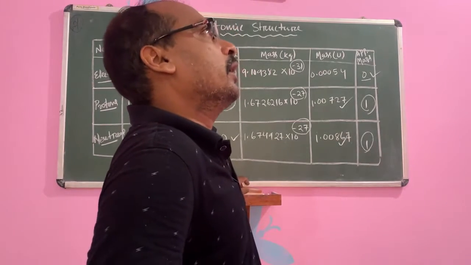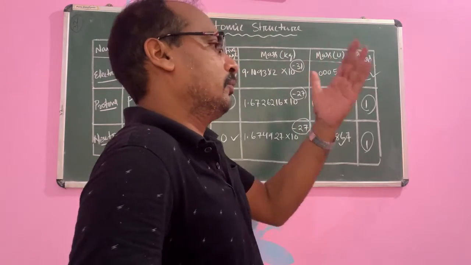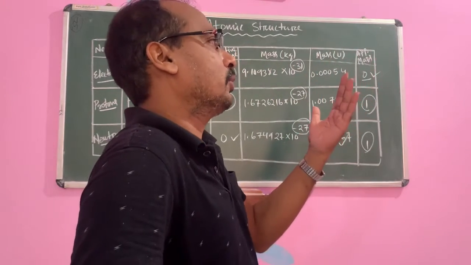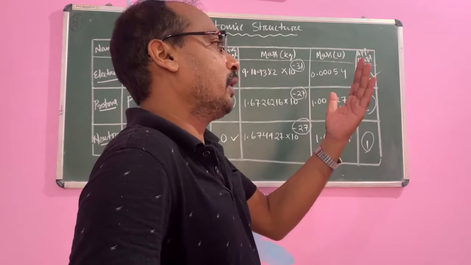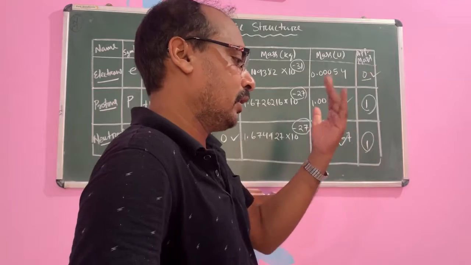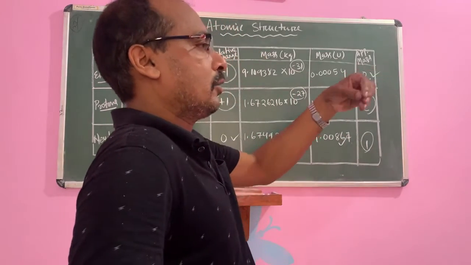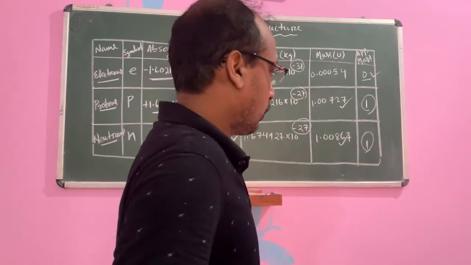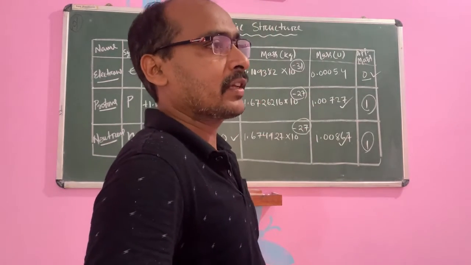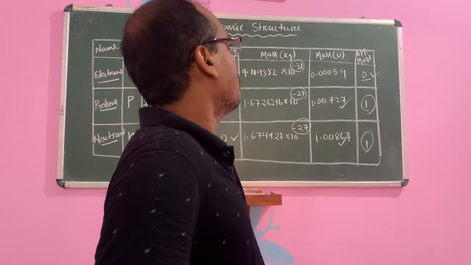Using one perforated metallic film in place of that electrode, the rays which come opposite to the cathode ray direction are canal rays, that is protons or positive rays. Then neutron.